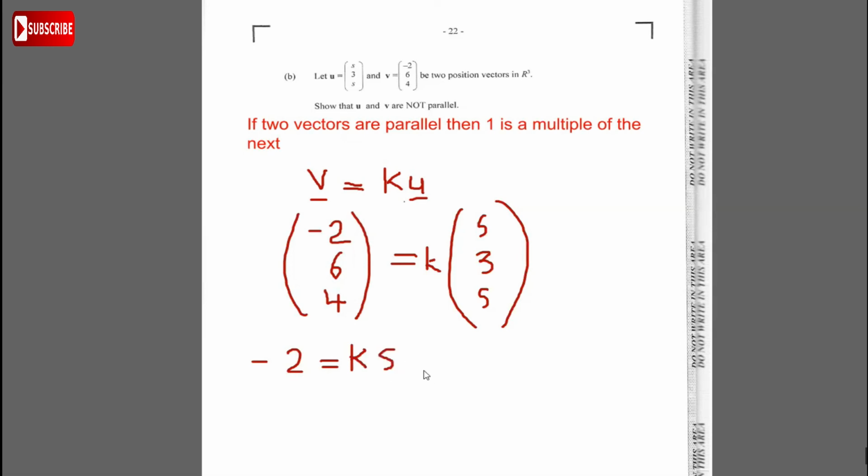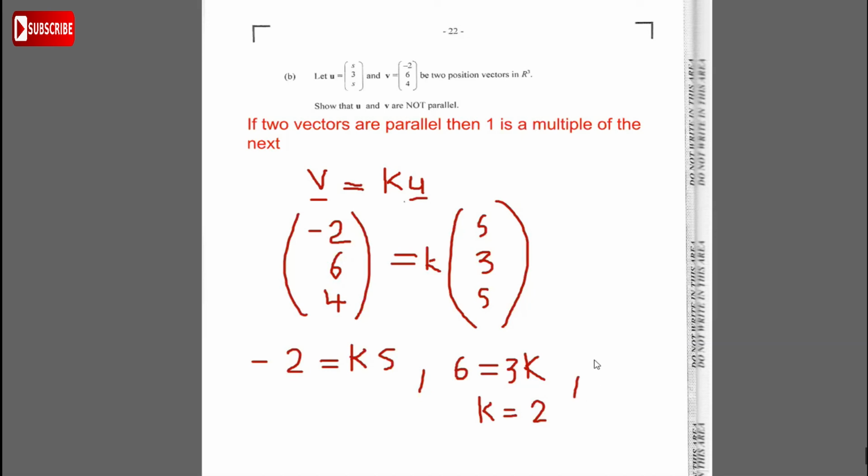We're getting that 6 is equal to 3 times K, and if 6 is equal to 3 times K, then K is equal to 2. So from this, we're getting K equal to 2.